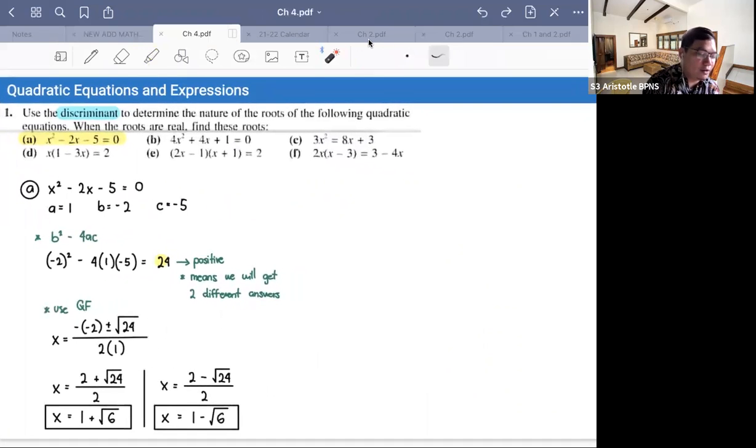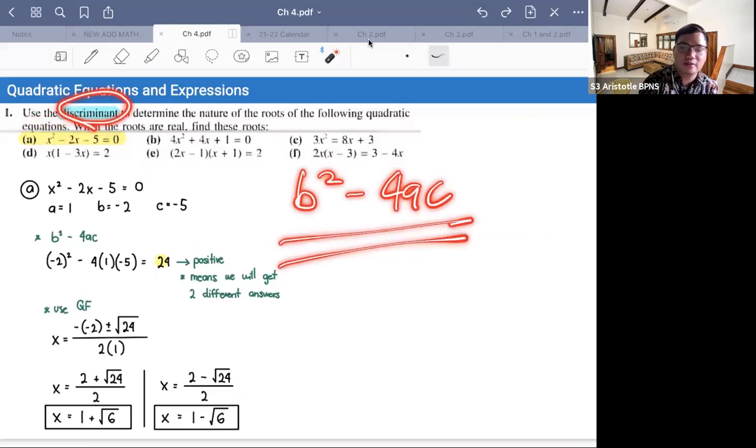So the instruction here tells us that we need to use the discriminant to determine the nature of the roots of the following quadratic equations. When the roots are real, find these roots. Class, again, the discriminant is the b squared minus 4ac. It's the name of this equation.